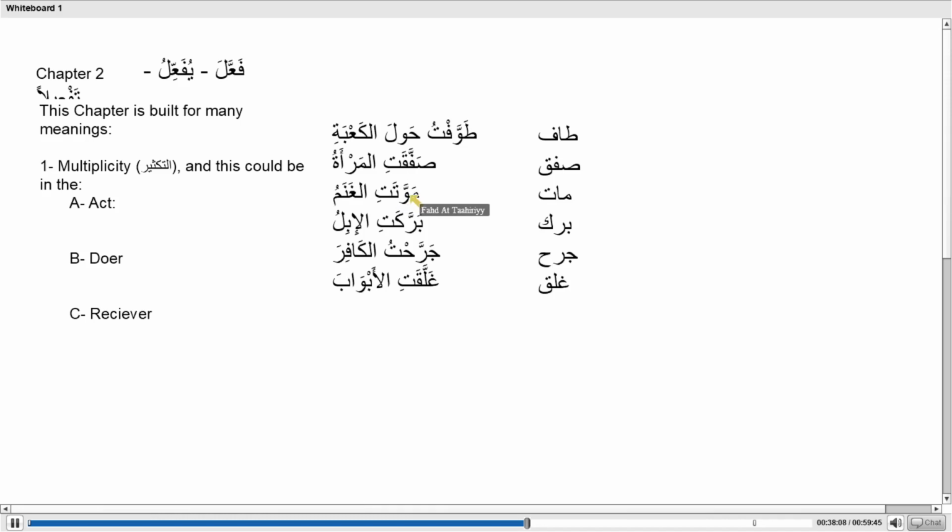Why? Because the act of death can only happen once. Understood? So that leaves the multiplicity shown where? In the doer. You see the difference?